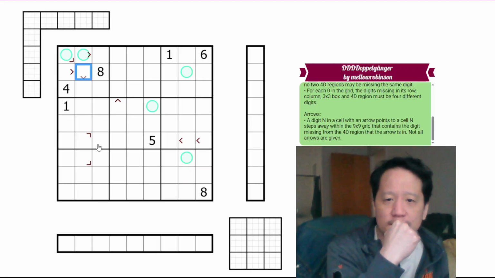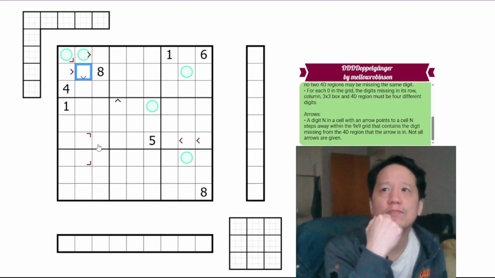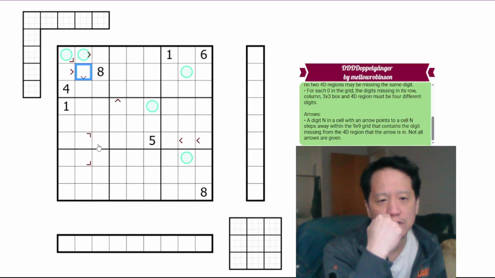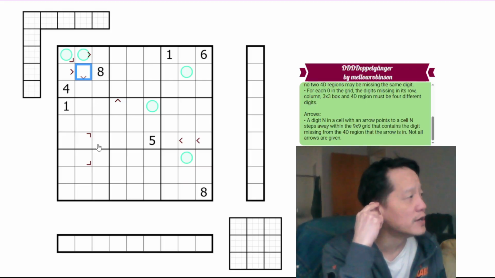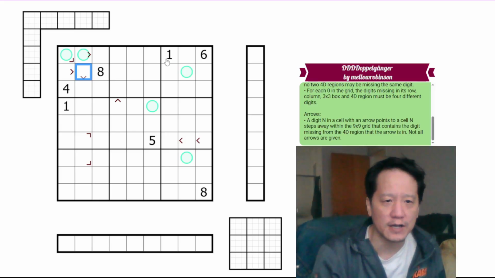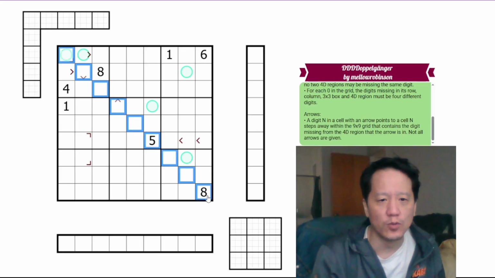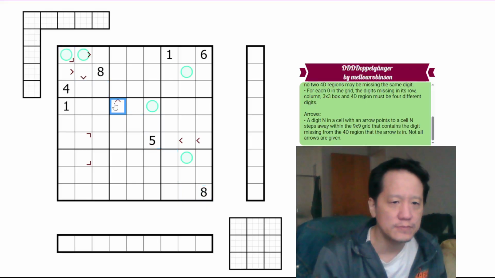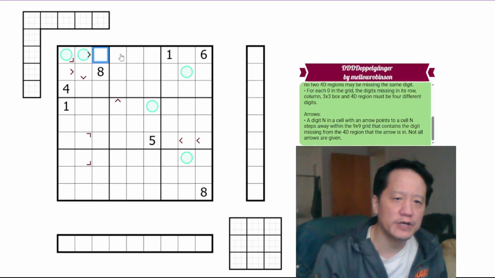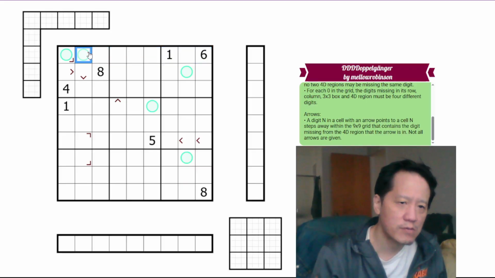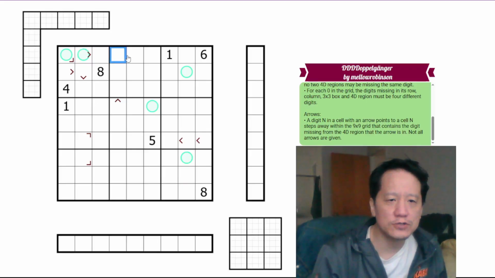Because of that, none of the arrows can ever be 0. And it has to be part of the 9x9 grid, so it's however far away it is. So this cell can be 1 away, 2 away, up to 7 away. But it can't be 1 or 6 because of 1 or 6 in the row. So this could be up to 7 away.